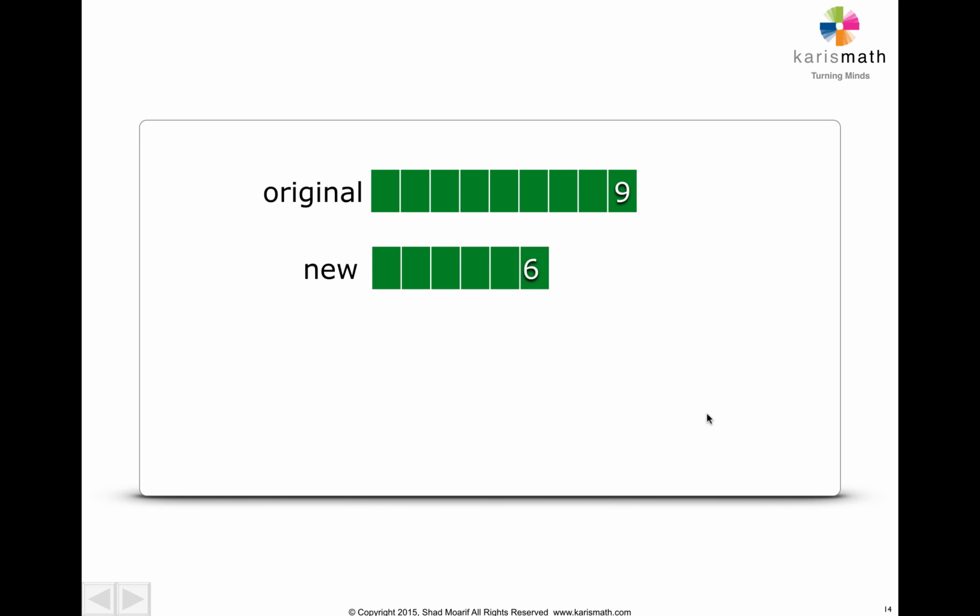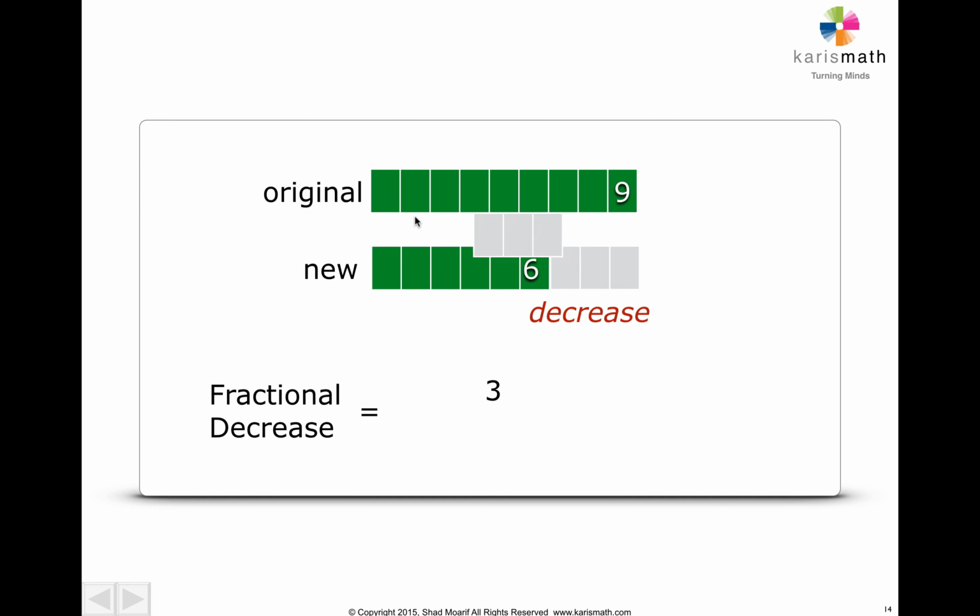Because we need to know by what fractional quantity it has gone down. So if it's gone down by 3, it's decreased by 3. The fractional decrease is 3 over the original amount, which is 9, right? So this is what it's gone down by. So this is what fraction of all of it? It's obviously 3/9 of it, which can be reduced to 1/3.